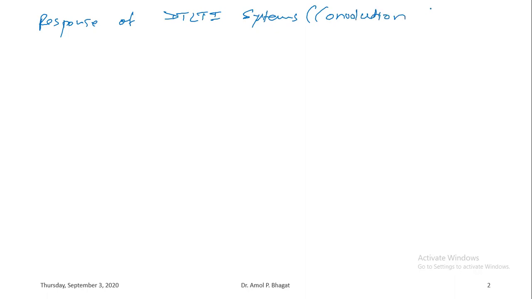In convolution summation, we are using the elementary discrete time signal del of n, which is the unit sample signal.